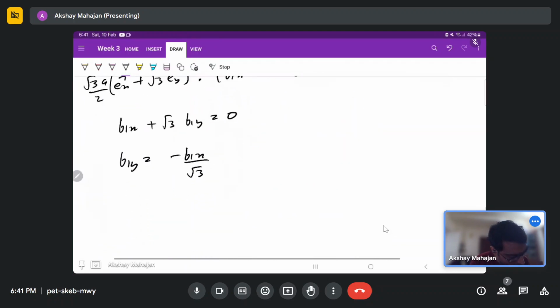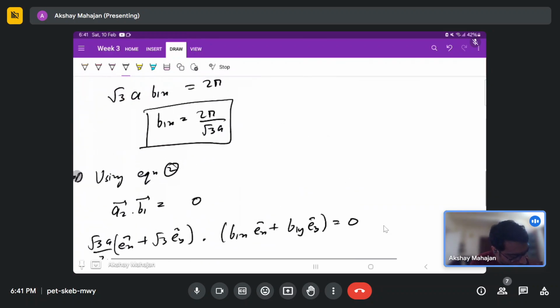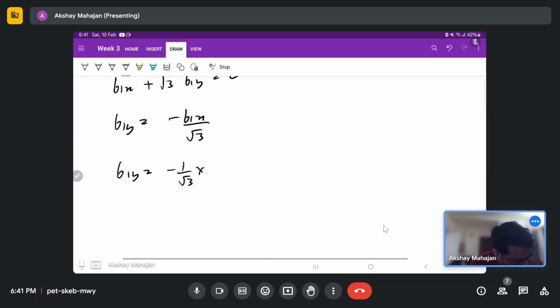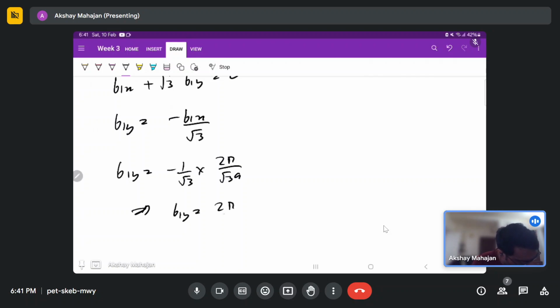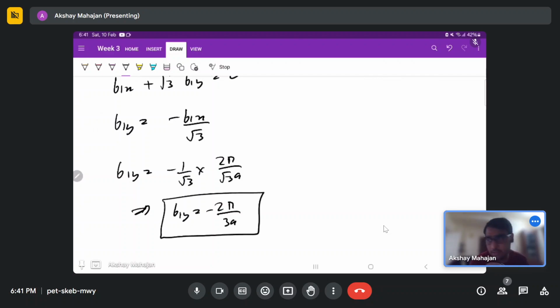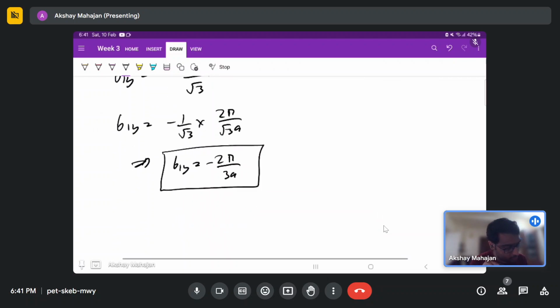So my b1y will be equal to minus 1 by root 3 times 2 pi by root 3a. So b1y will be equal to minus 2 pi by 3a. Alright, let me just check if I am doing right. Okay, minus 2 pi by 3a.